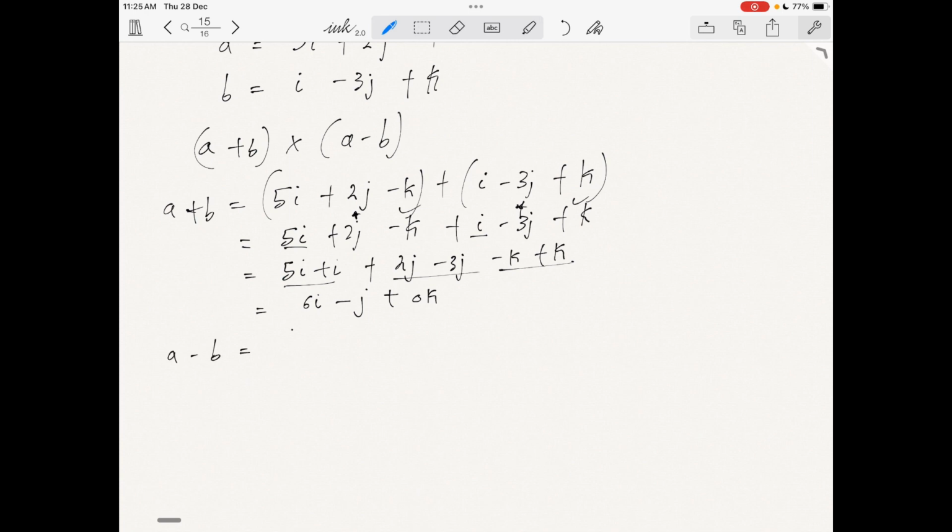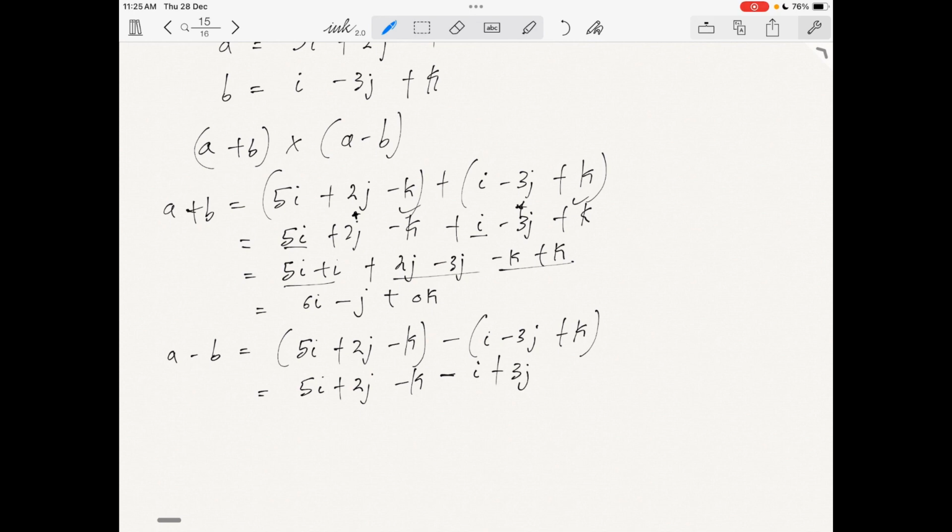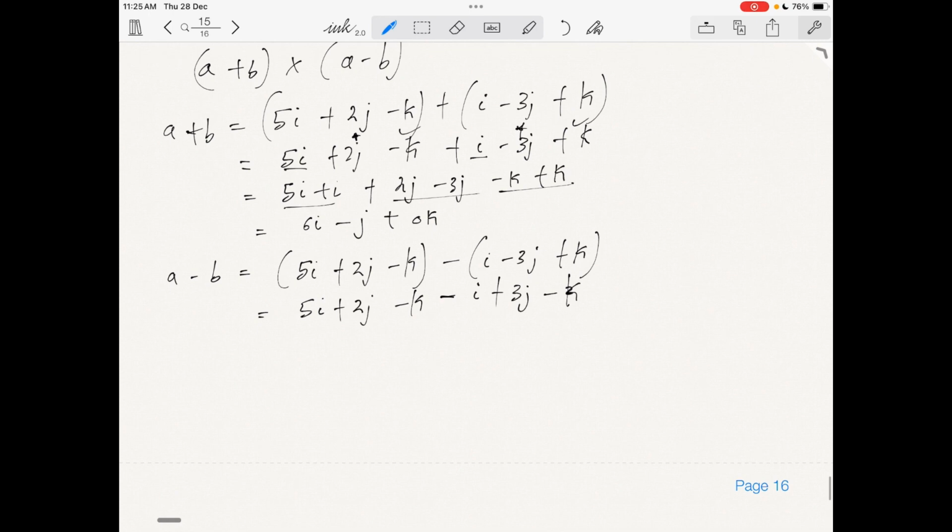That will give us 5i plus 2j minus k minus i minus 3j plus k. Now we open the bracket with minus 2i plus k. This will give us minus i, minus times minus gives us plus 3j minus k. Now evaluating that, we have to bring our i together.